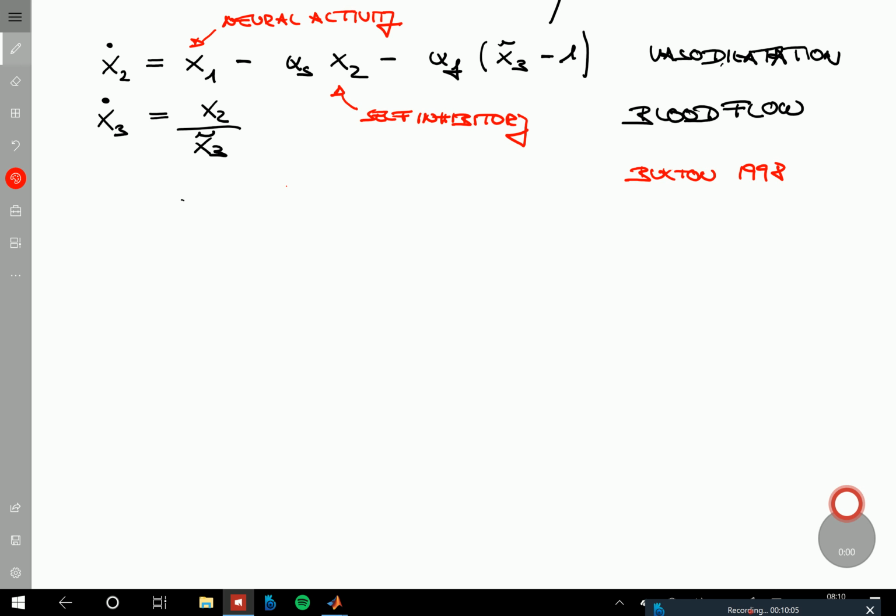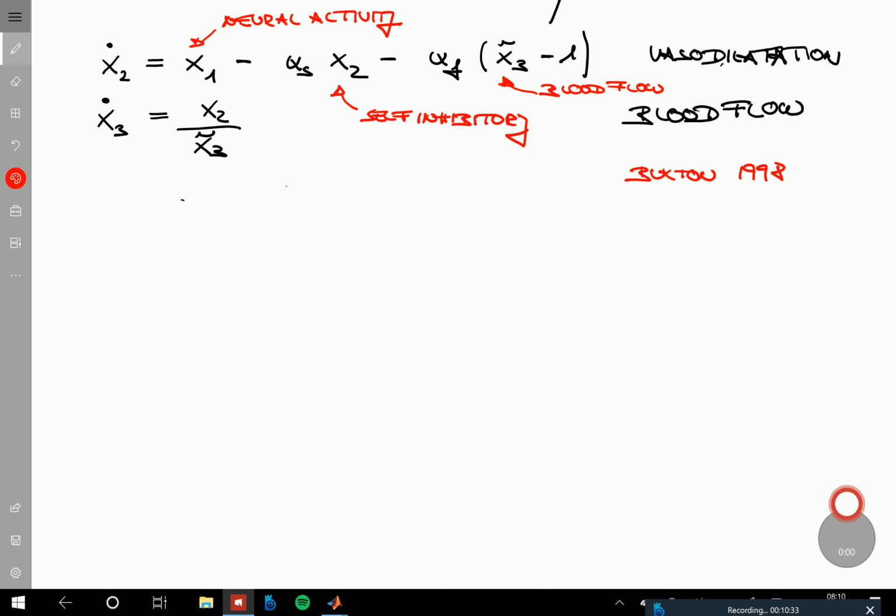And then there is even more inhibition accounted here for by the blood flow. This little tilde that I put on it, this is this exponentiation, which always turns the blood flow into a positive constant, a positive number.